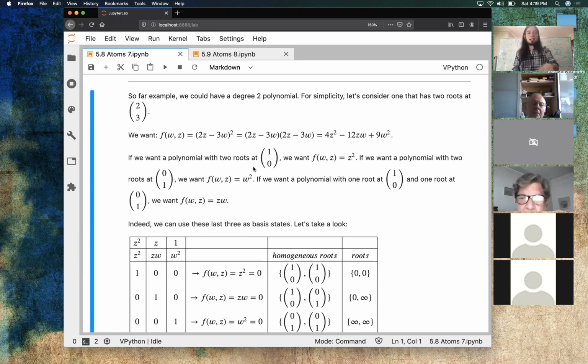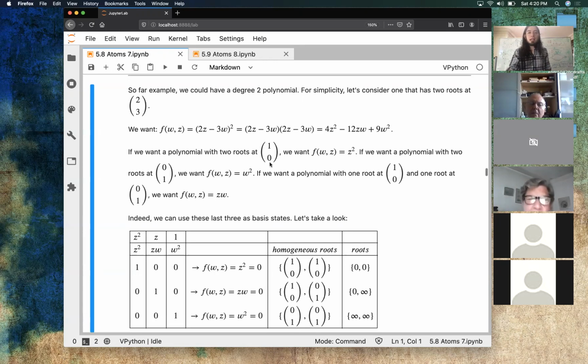So what I want to emphasize here is, what are our basis vectors in this space of polynomials? For example, if we want a polynomial with 2 roots at 1, 0, that turns out to be z squared. If we want a polynomial with 2 roots at 0, 1, then we want w squared.